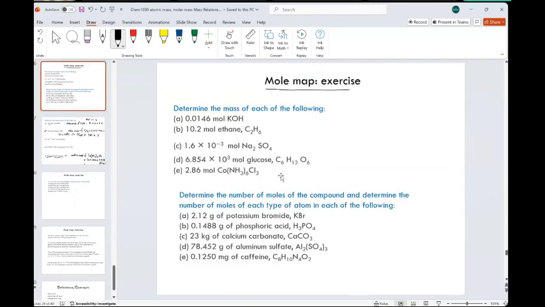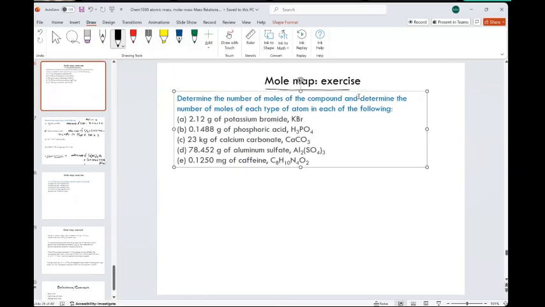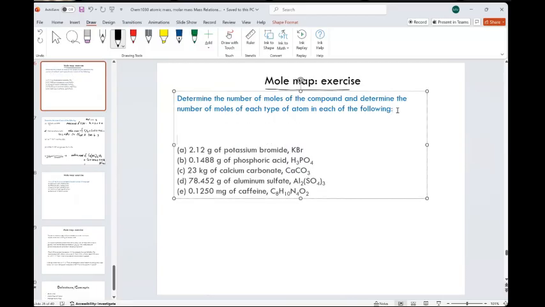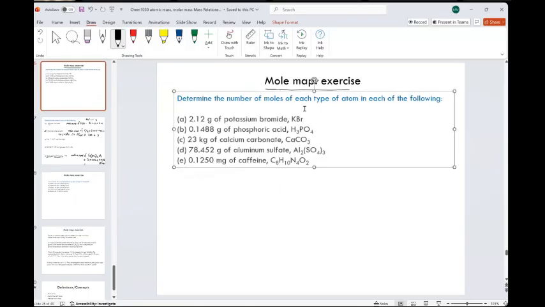All right, let's do the other way example. Determine the number of moles of each of the following.